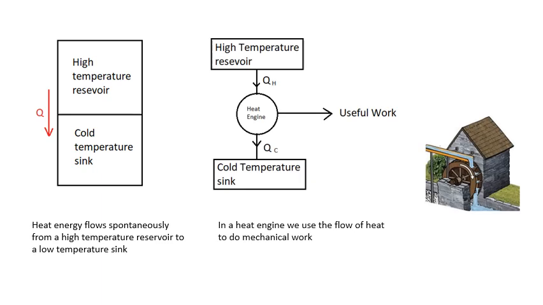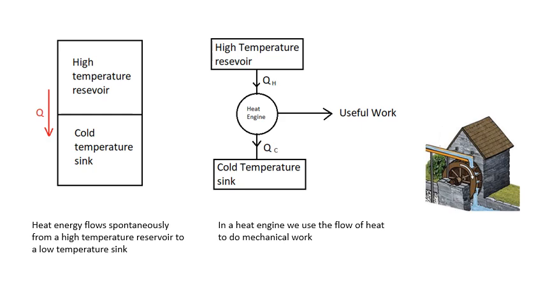Now, in a heat engine, basically, we use that to do work. So in between, just on this diagram, we have our heat engine, which acts a bit like a turbine. And as the heat flows from hot to cold, we get it to do useful work. An analogy would be this water turbine.